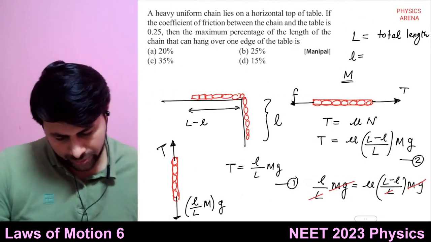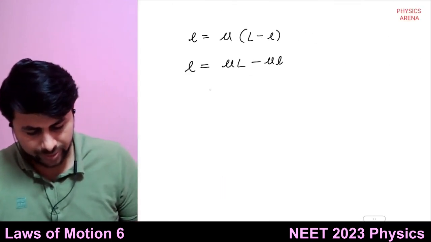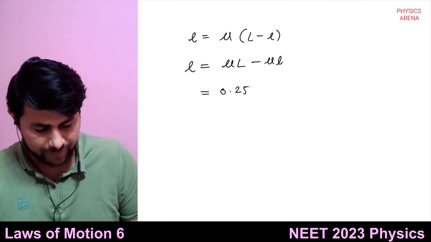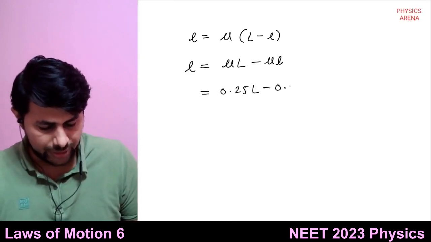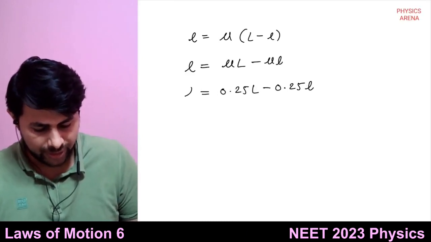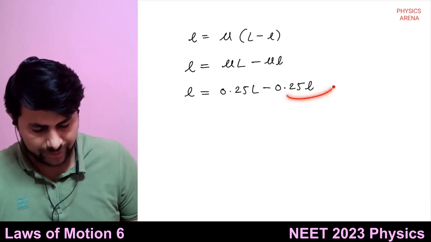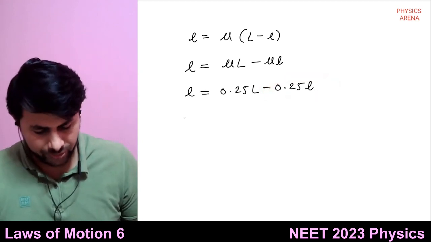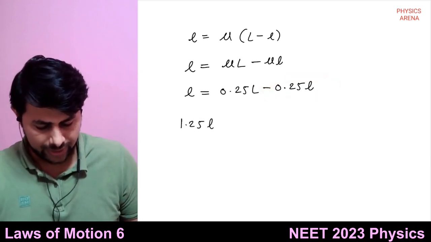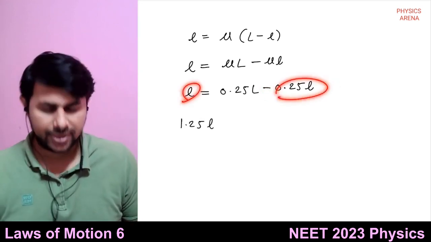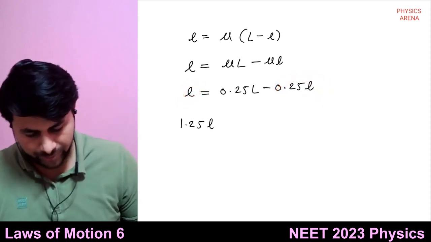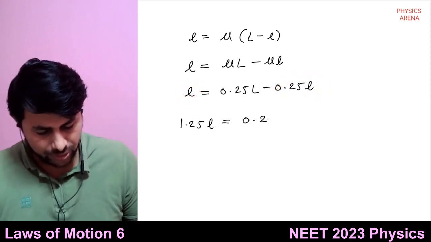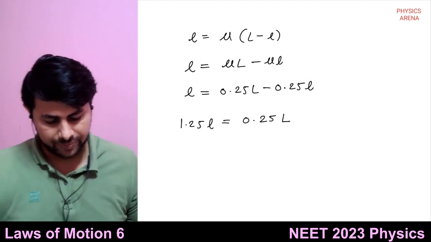Okay, how much is mu? 0.25. It is 0.25 multiplied by L minus 0.25 multiplied by small l. Take that 0.25 towards left, 0.25 l. So you get 1.25 l because this is 1 l and that's 0.25 l. 1.25 l is equal to 0.25 capital L.